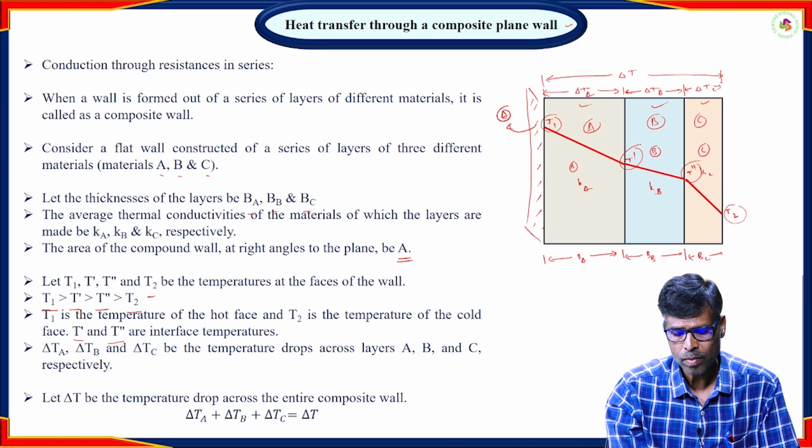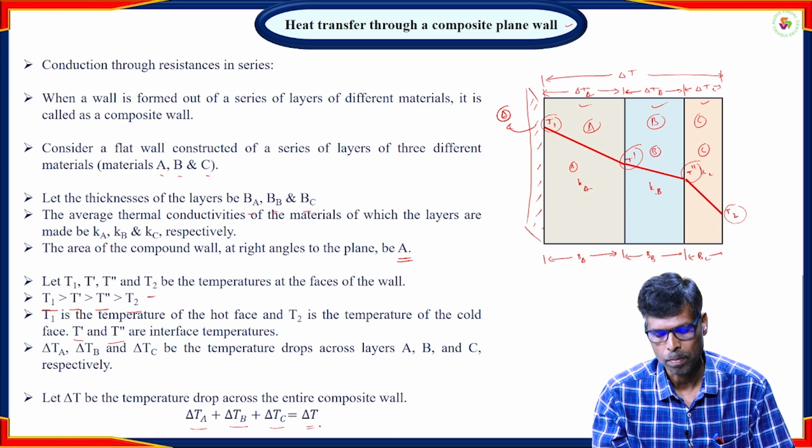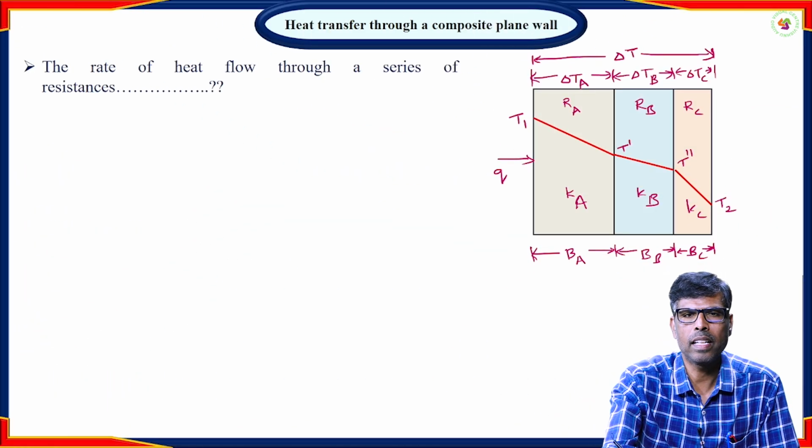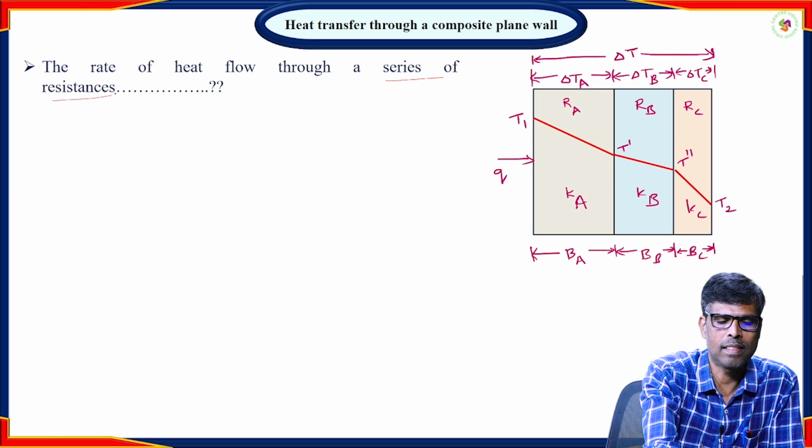Then the sum of these individual temperature drops is equal to the overall temperature drop. Then what is the rate of heat transfer through this series of resistances?